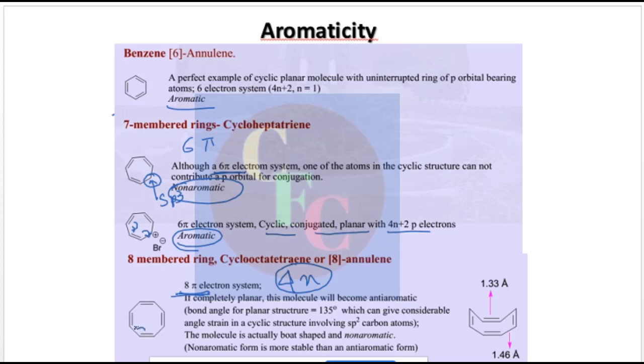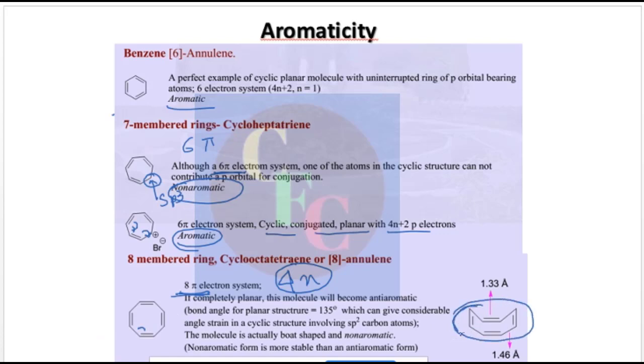You can say that if you can do the resonating structures, then it would have been anti-aromatic, right? As it is a 4n system. But this anti-aromatic system is so unstable that it does not want to stay anti-aromatic. Rather, it breaks its planarity and goes to a tub-like structure.